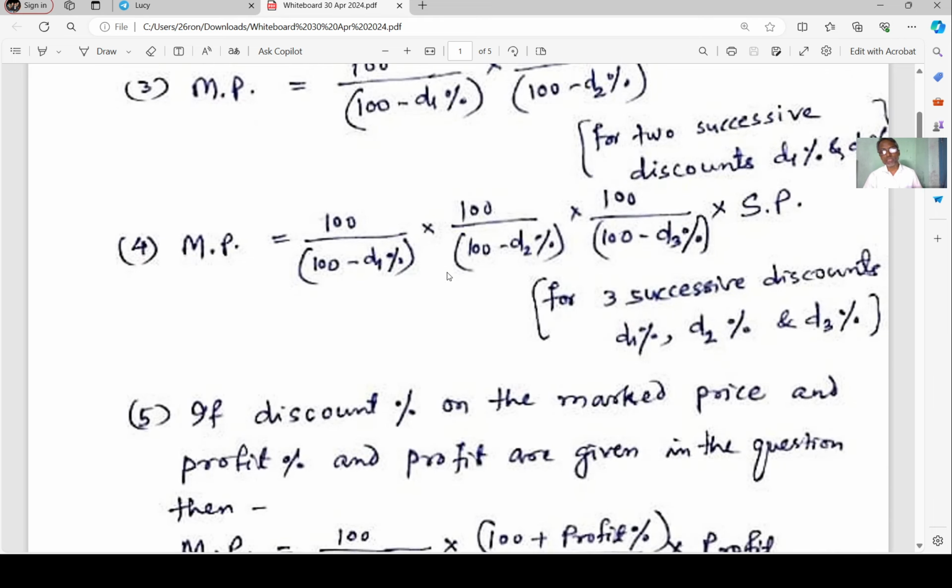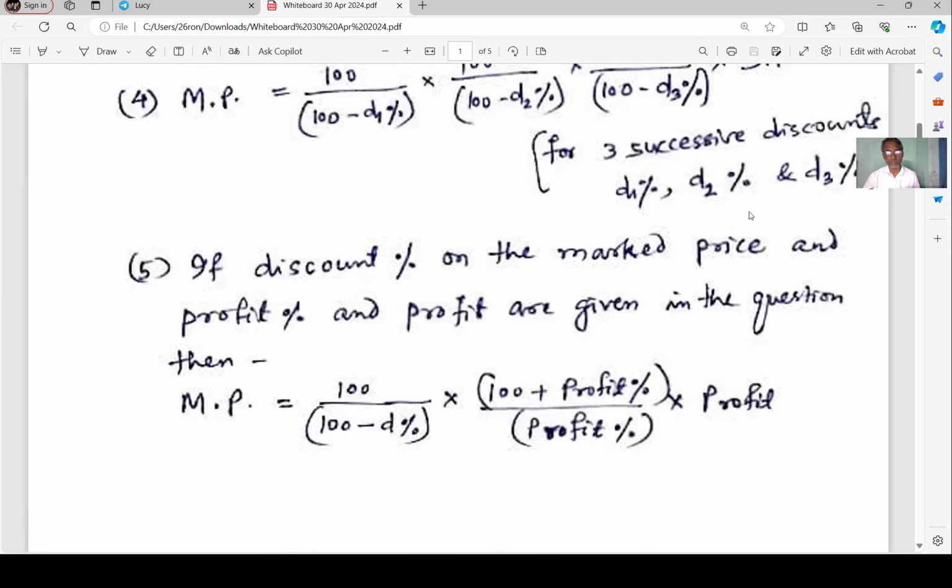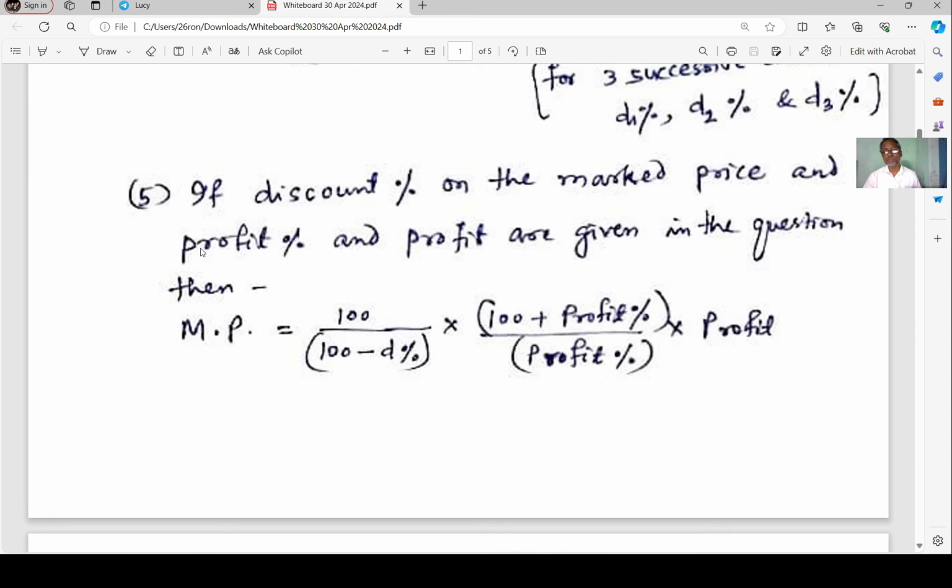If three successive discount percentages are given and sale price is given, then marked price is equal to 100 by 100 minus D1% into 100 by 100 minus D2% into 100 by 100 minus D3% into sale price of the commodity.